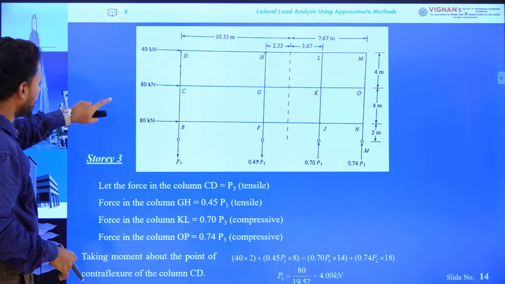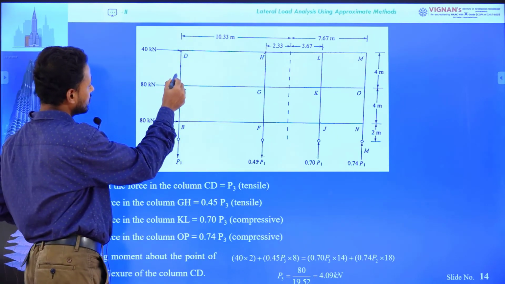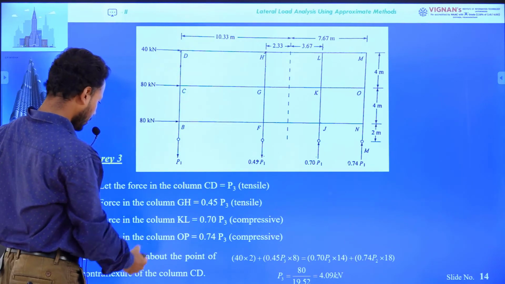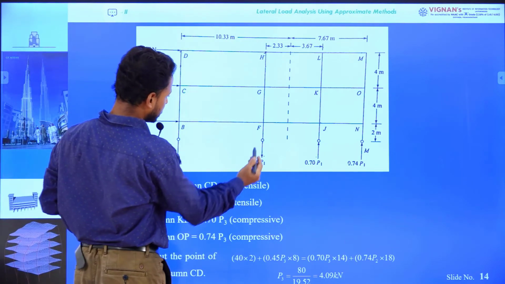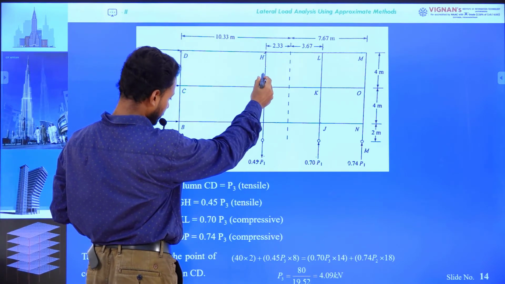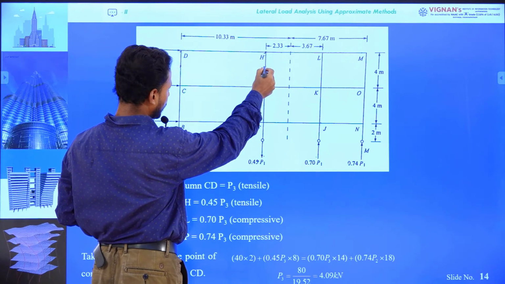Now we will take the bending moment about the point of contraflexure of DC. We have only 40 into 2 plus these forces, 0.45 P3 acting here.